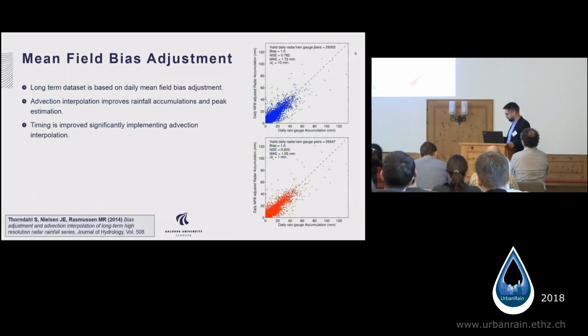And that helps our mean field bias adjustments also. So we do a daily mean field bias with rain gauges, and then, as you can see on the plots here, we improve both accumulations and peak estimations during this interpolation, so that we don't skip any rainfall.